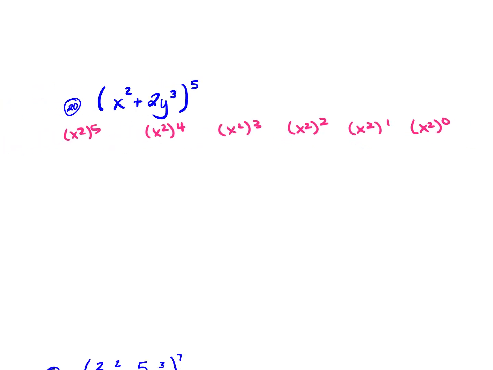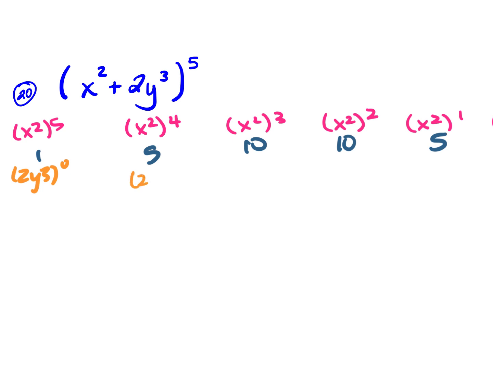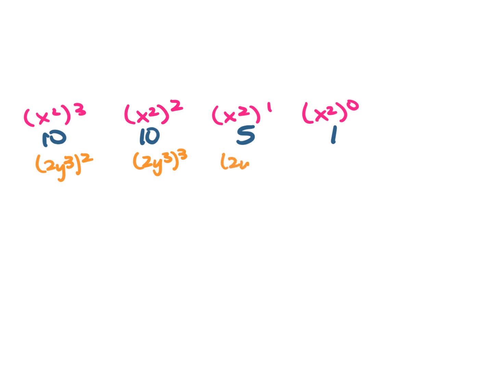You're working with the 5, so that's 1, 5, 10, 10, 5, and 1. Then you have the 2y cubed to the power of 0, 2y cubed to the power of 1, 2y cubed to the power of 2, 2y cubed to the 3rd power, 2y cubed to the 4th, and 2y cubed to the 5th.